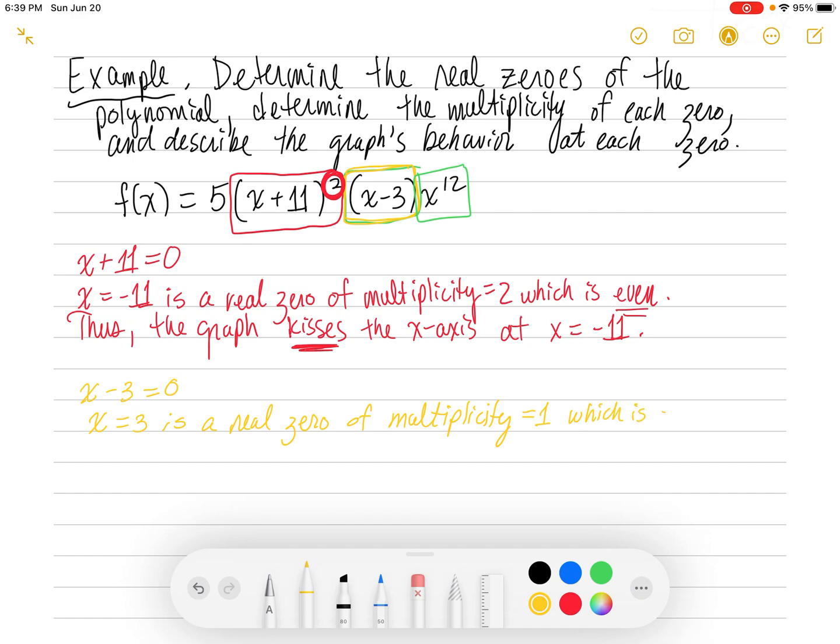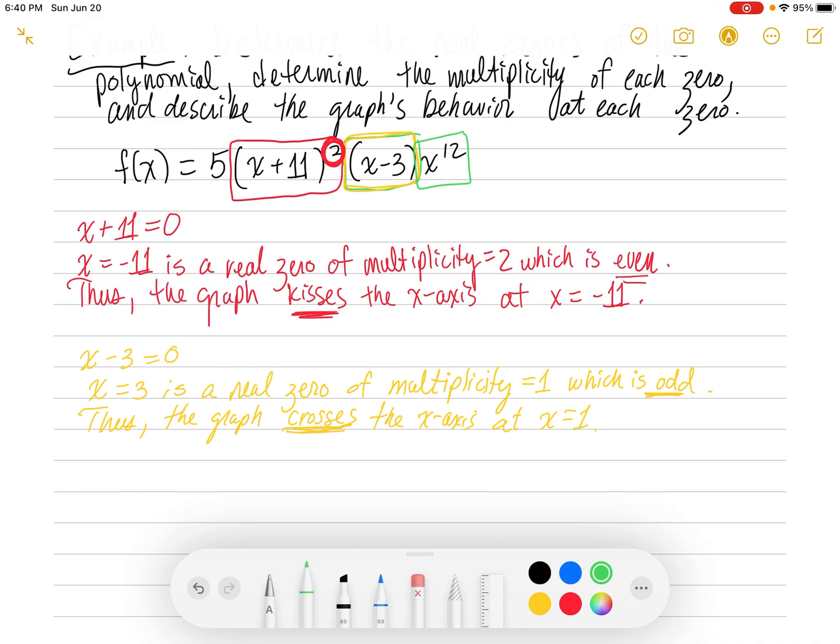Multiplicity 1, which is odd. Because you have an odd number, your graph is going to cross there. So we say, thus, the graph crosses the x-axis at x equals 3, because we had an odd multiplicity.